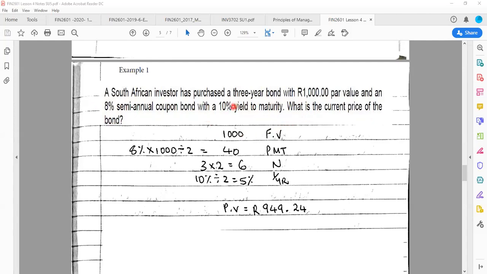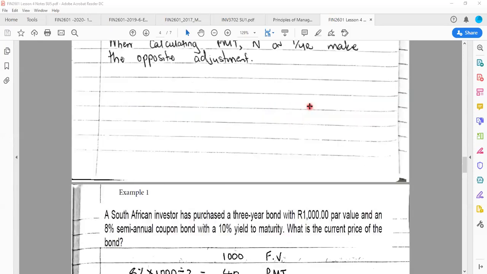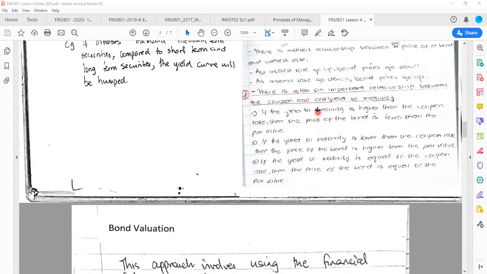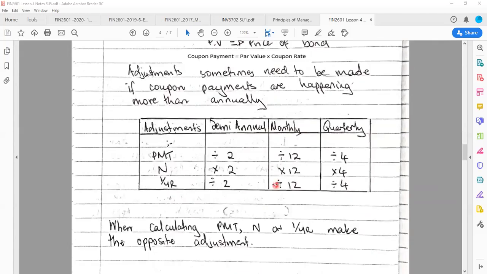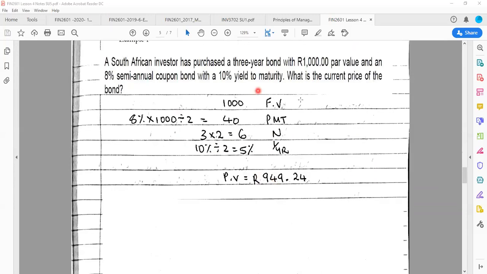Remember, we said if the yield to maturity is greater than the coupon rate, it means the price of the bond will be less than the par value. Remember the theory that we just talked about, the relationship between the coupon rate and the yield to maturity is really important.